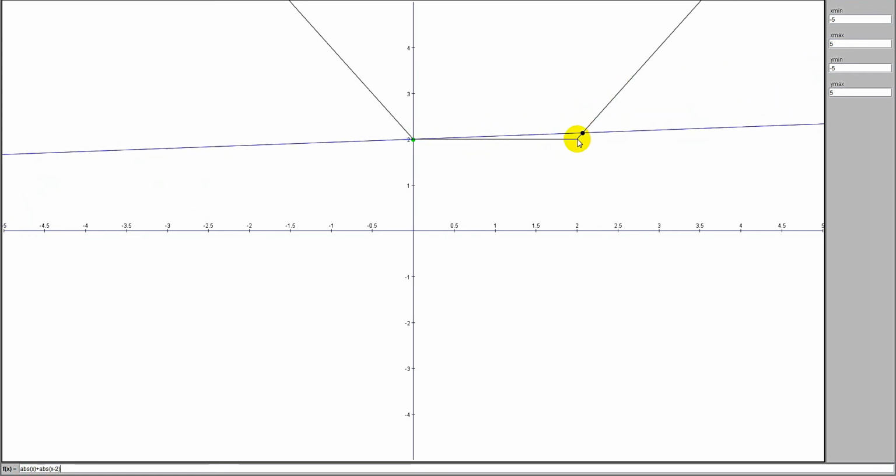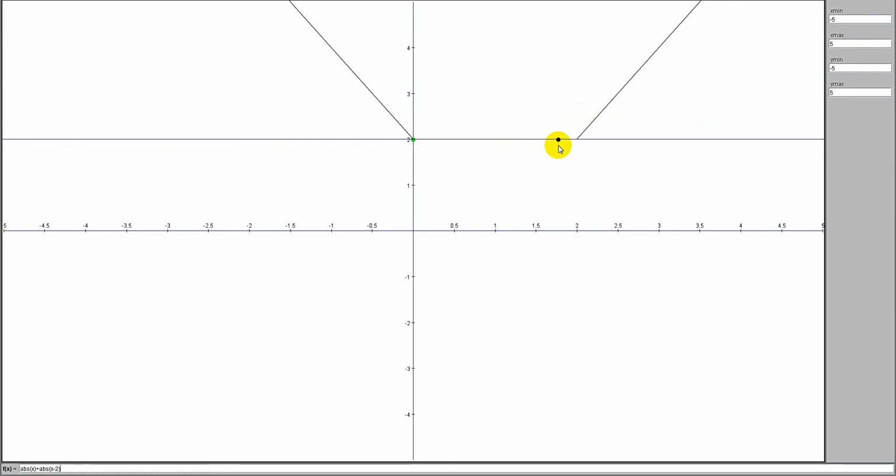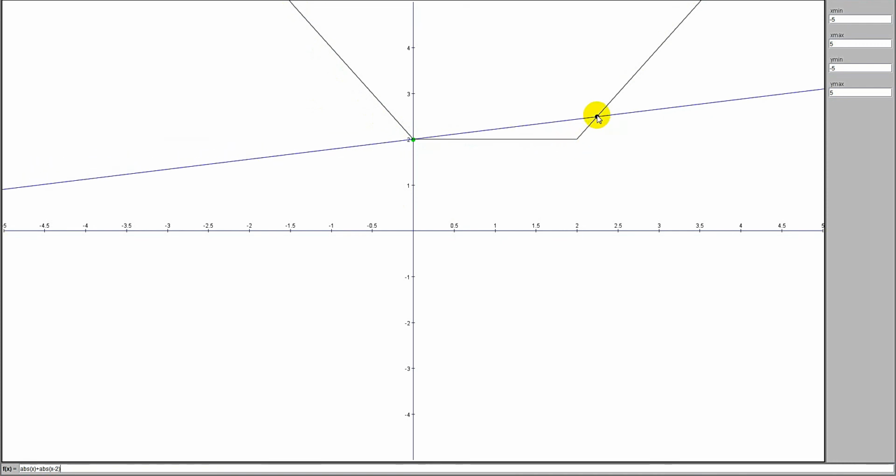So the function mod x plus mod x minus 2 is not differentiable at these two points, at x is equal to 0 and at x is equal to 2. You can observe that there are sharp turns at these points. So this is how we could check the differentiability of real valued functions of real variables.